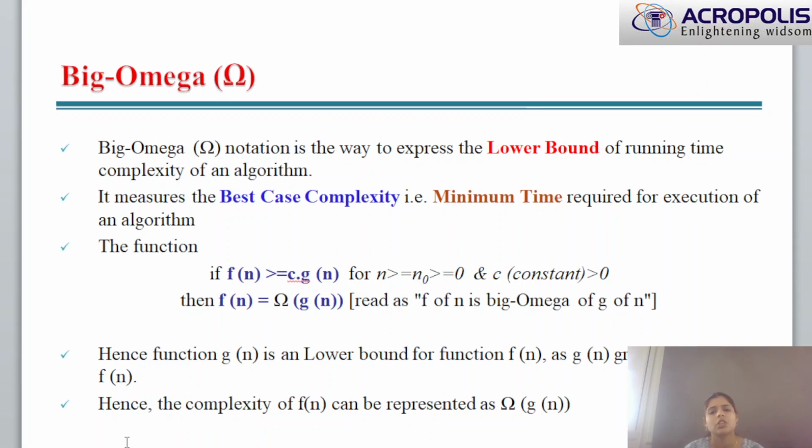Read as f of n is big omega of g of n. Hence function g of n is a lower bound for function f(n), as g(n) grows slower than f(n). Hence the complexity of f(n) can be represented as omega of g(n).